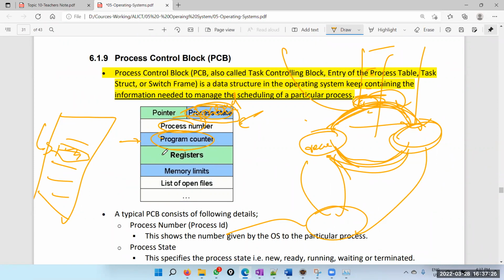Then it keeps track of the register values. Why? Remember, when a program is executed, it takes instructions one by one to the processor and executes them. When an instruction is executed, if there is relevant data, it has to be loaded into the registers. So registers hold the data. Now, while your program is running, the operating system may decide to take you back to the ready state because your time slot is over, especially if it is preemptive.